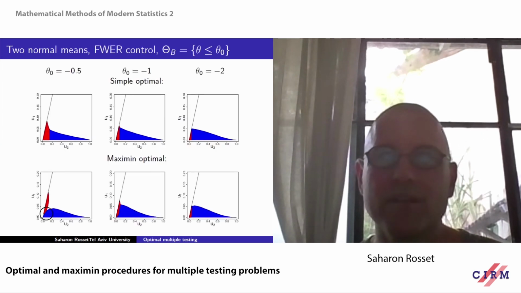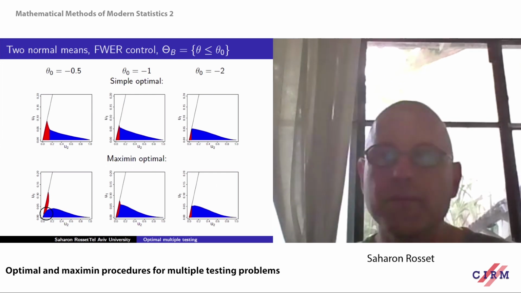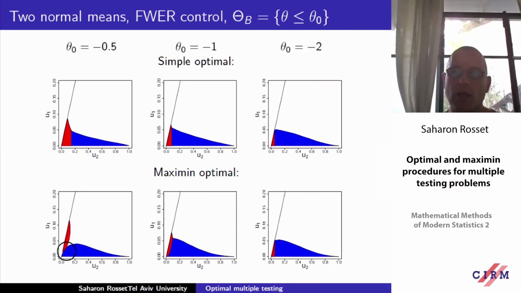So this is what the maximin optimal solutions look like for our problems. Here I'm going to show you two hypotheses and family-wise error rate control. At the top, we have what we actually saw in the first slide, the simple test's optimal solution.